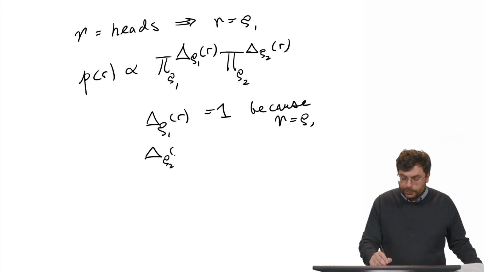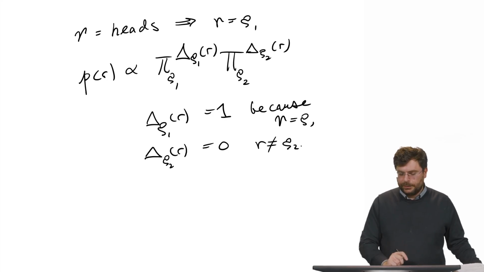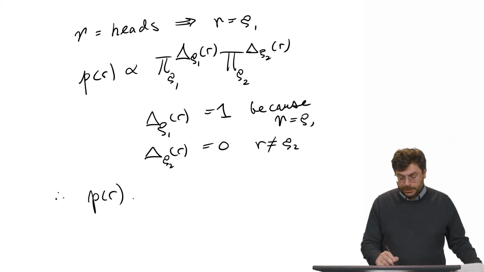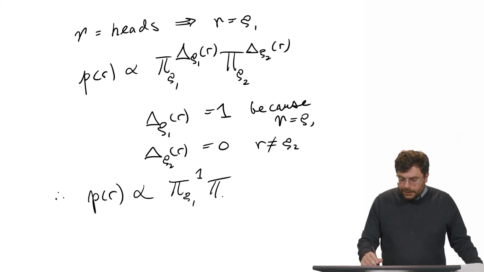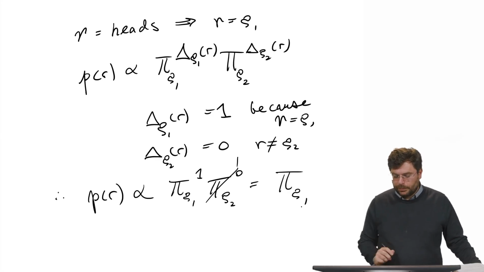Similarly, delta rho 2 of r is 0 because r was not realized to rho 2. Therefore, what all this means is that p of r is proportional to pi rho 1 raised to the 1 times pi rho 2 raised to the 0, which is none other than pi rho 1.